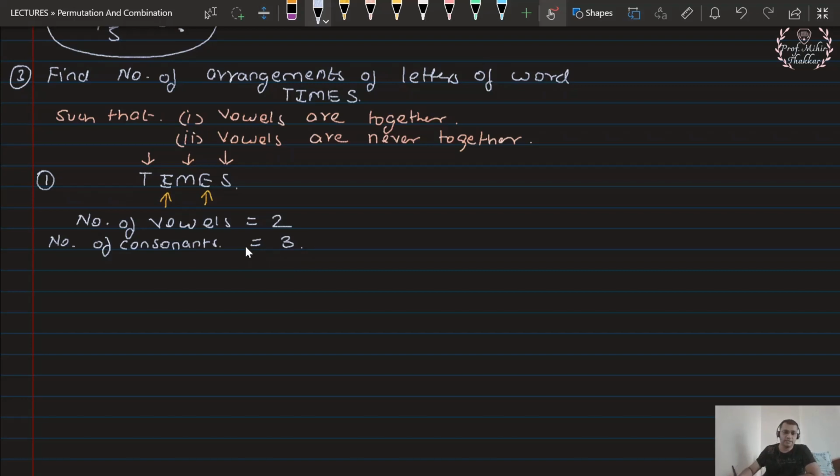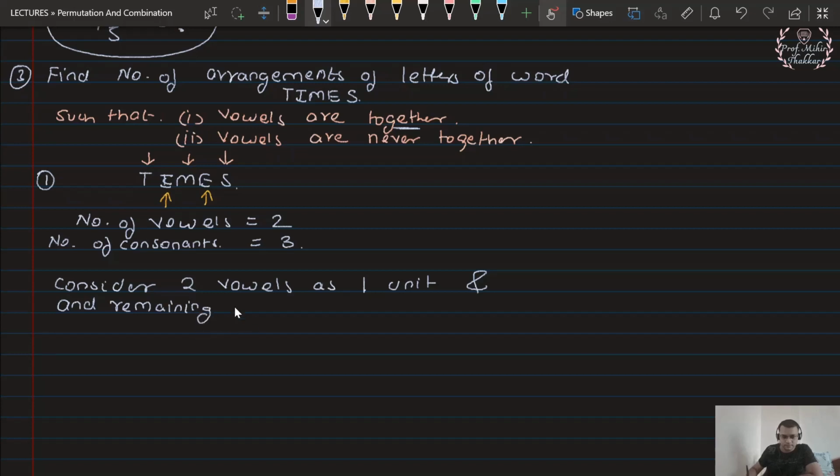Now in this case, because I want the vowels to be together, we consider the 2 vowels as 1 unit and the remaining consonants as individual units.